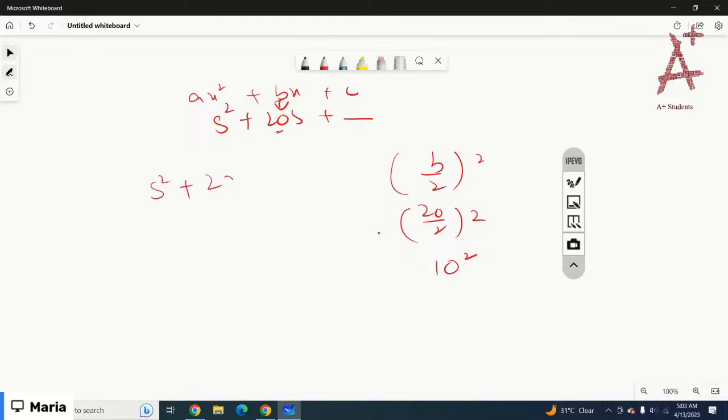So it would be s square plus 20s plus 10 square, and 10 square is 100. So it would be s square plus 20s plus 100. So it is 100. Got it?